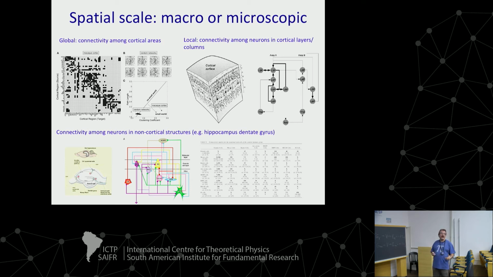And then you have a directed, weighted graph, but you can binarize this graph just by putting a threshold there. Connections above a certain threshold are considered 1, and connections below are considered 0, no connection at all. And then you can construct a network like this. So this would be a network for the entire connectivity of the macaque cortex, all areas corresponding to that part of the brain.